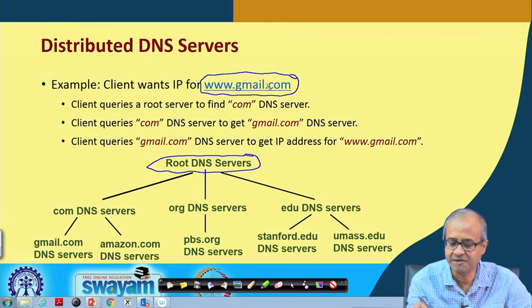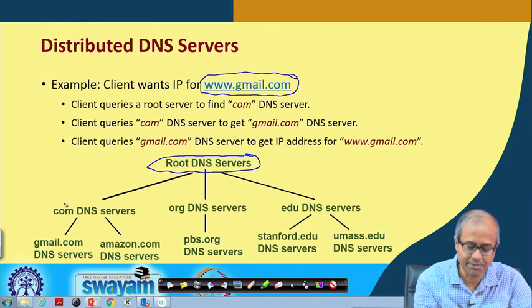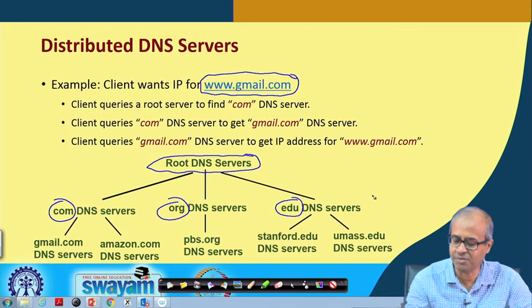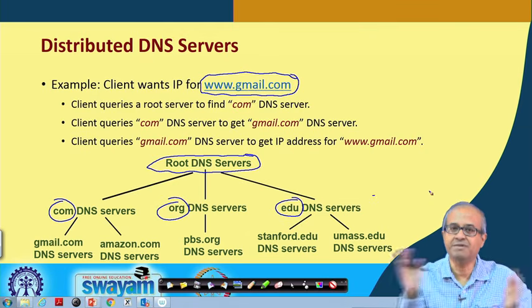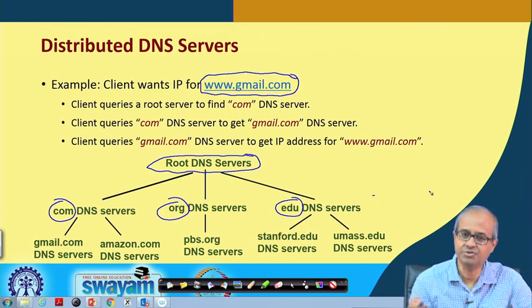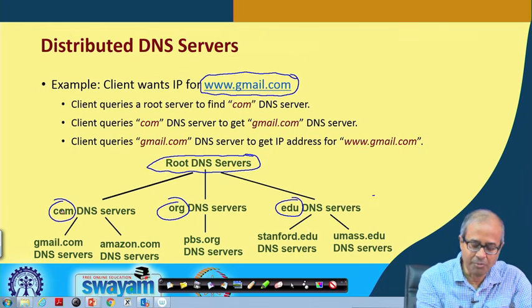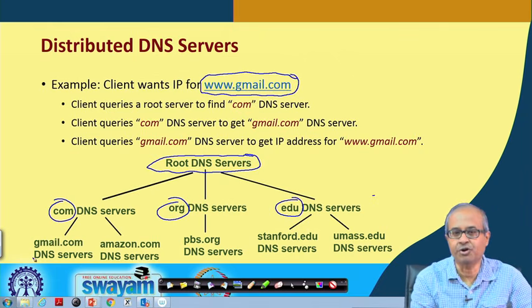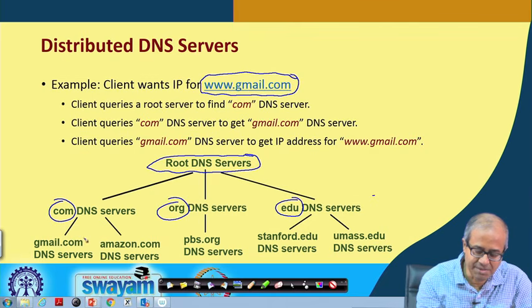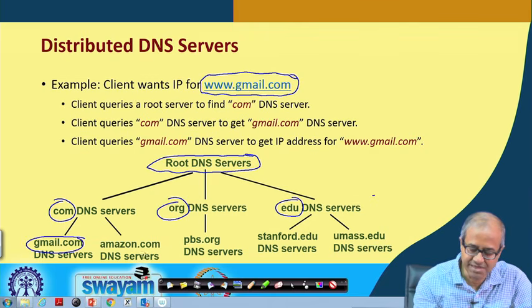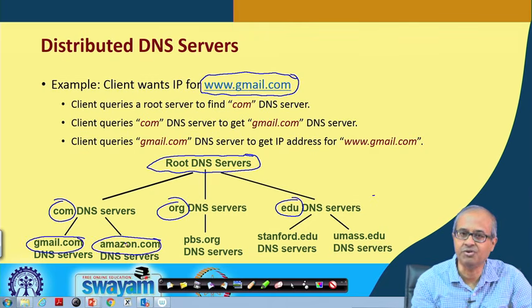Under root, the first level, there can be com, there can be org, there can be edu, there can be so many other things. Like in India, we know .in, country domain names, a large number of such. I have just shown 3. Under com, all websites which end with .com will have their own DNS servers. For example, there will be a DNS server for gmail.com, a DNS server for amazon.com and so on.